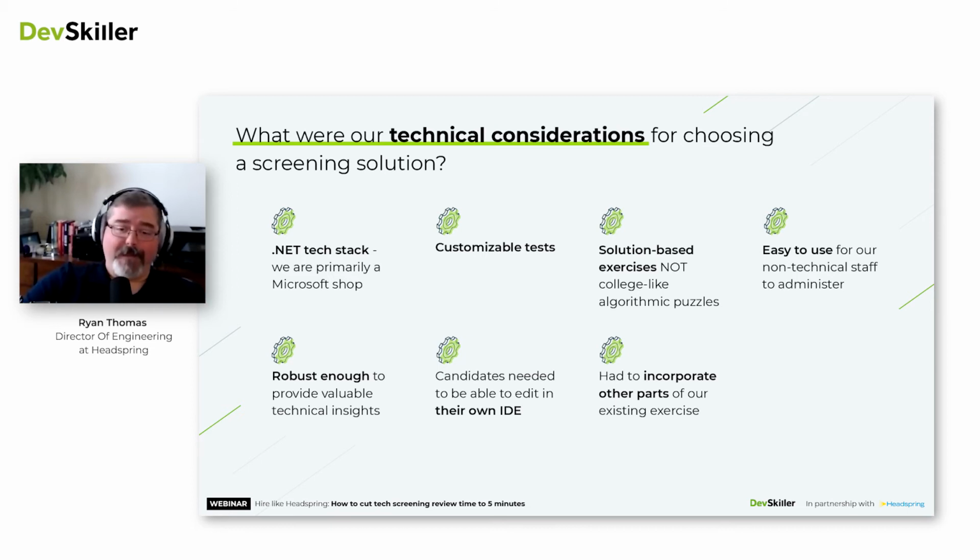What DevSkiller gives us instead is a completely automated set of metrics and stats that it generates on the code itself. And we can actually use this to benchmark candidates coming down the pipeline, especially once we get a handful through the process. And it allows us to very easily say, okay, this candidate coming in just off of DevSkiller looks like he may be on the junior side.